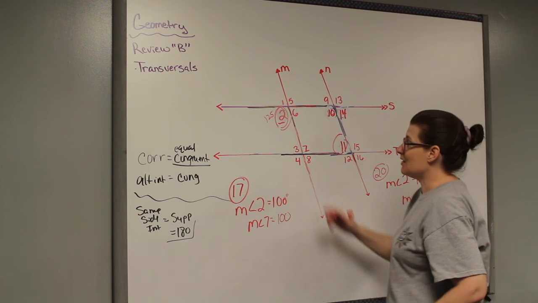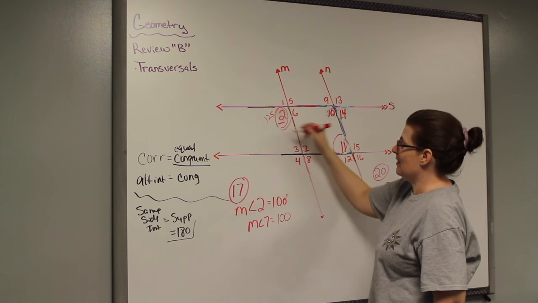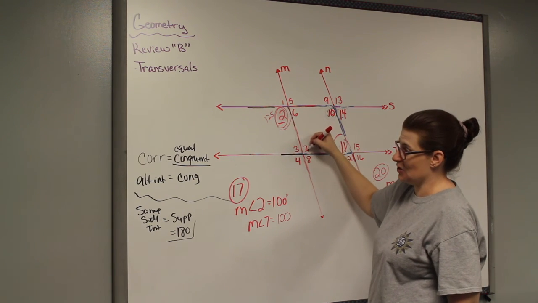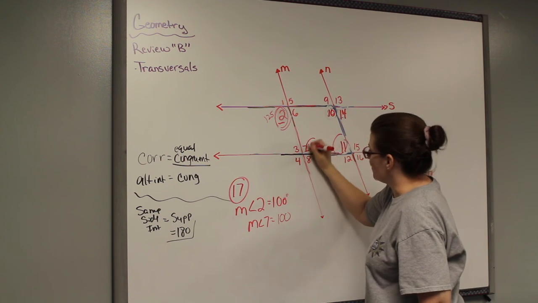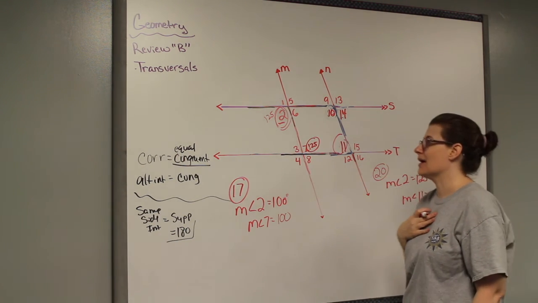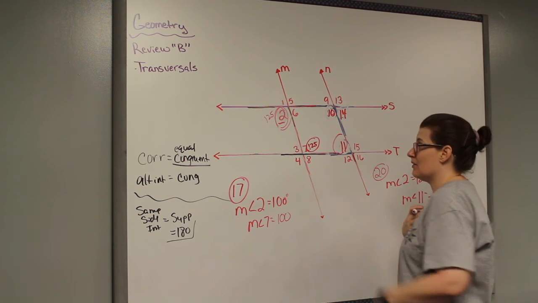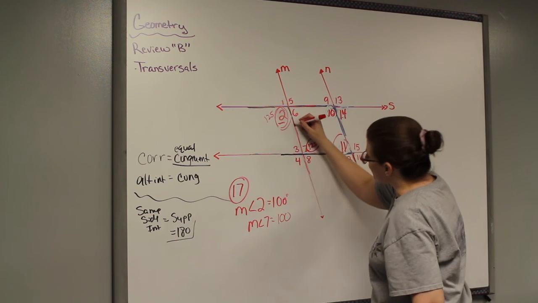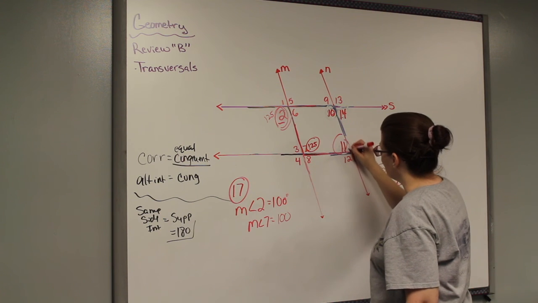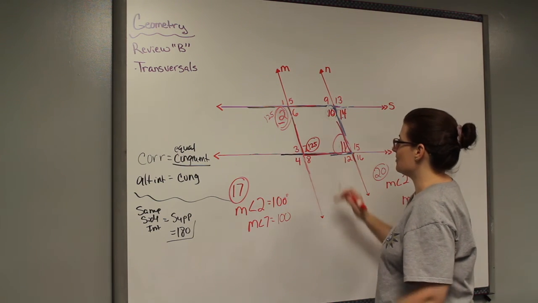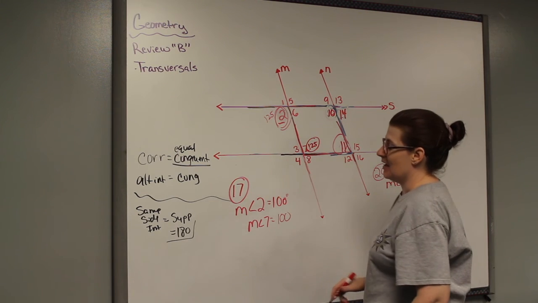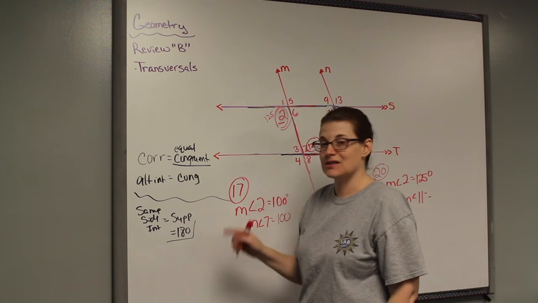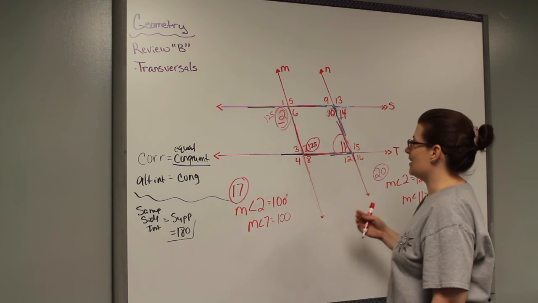Well, what you can do, if this one is 125 and this 7 is its alternate interior, then this one's going to be 125. Now, why should I know that? Well, if you know that, then you can do your U shape here, which makes same side interior, okay? Same side interior is supplementary, which means they add to 180.